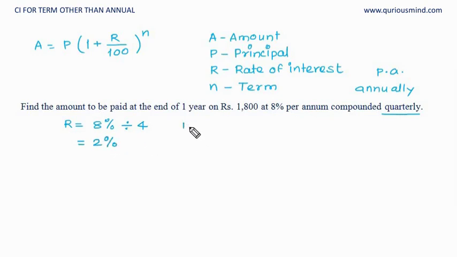And what is N? N is not 1 here, but N becomes 1 multiplied by 4, because in 1 year there are 4 quarters. And so N becomes 4. Now if I use the formula, A is equal to P into 1 plus R upon 100 raised to N, the same formula can be used.